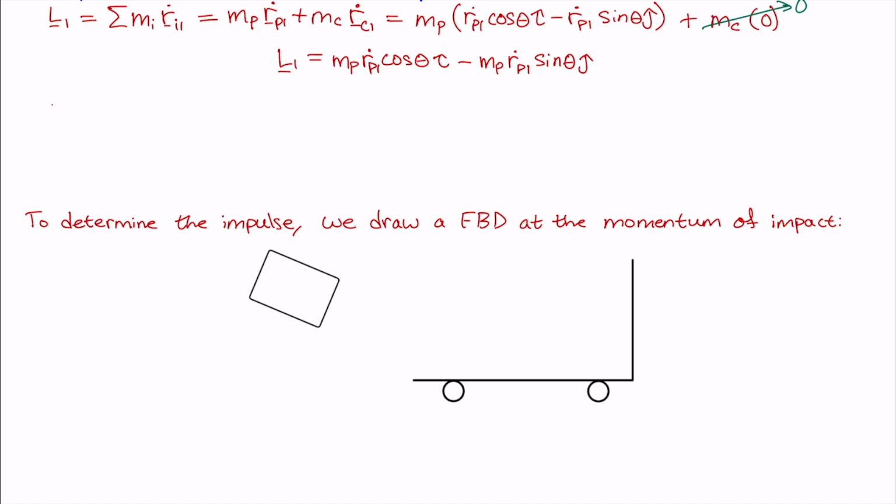So then for L2 here, it is going to be equal to the sum of masses times their velocity vectors at time t equals 2.